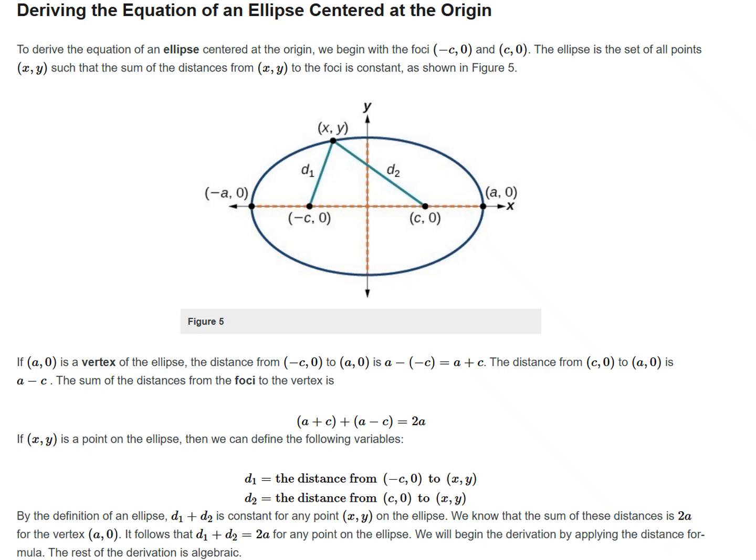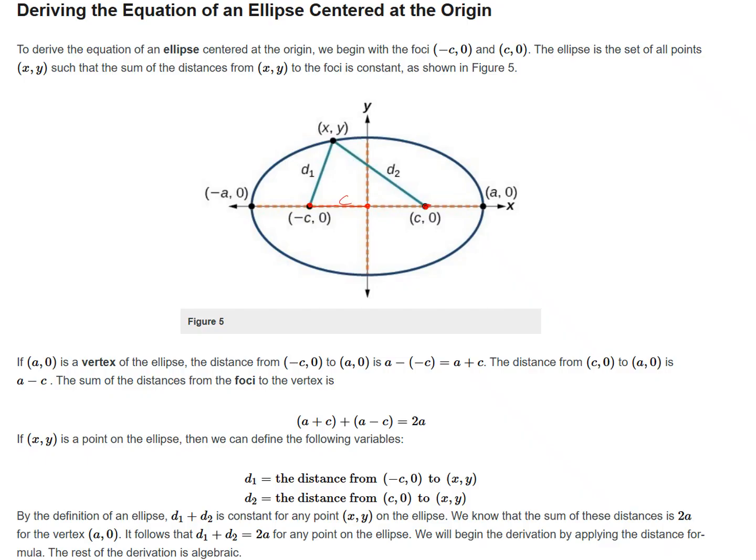So to derive the equation of an ellipse centered at the origin, we begin with the foci. The coordinates of the foci here, these are the foci, this point. In our previous slide, we called these F1 and F2. We'll just call them generally the foci, just the coordinates. So from the center to the foci, the distance is c.